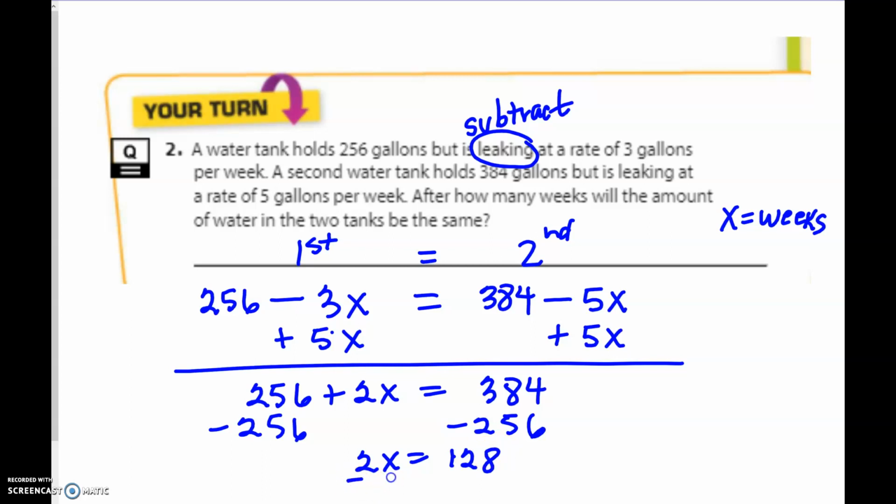Now again, we have a 2, so I'm going to divide both sides by 2, and x is going to be equal to 64. So after 64 weeks, oh my, that's a long time. That's over a year. There's only 52 weeks in a year, and after 64 weeks, these two tanks will have the same amount of water in them.